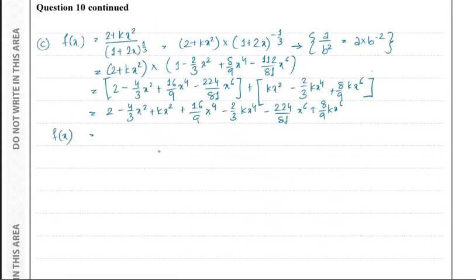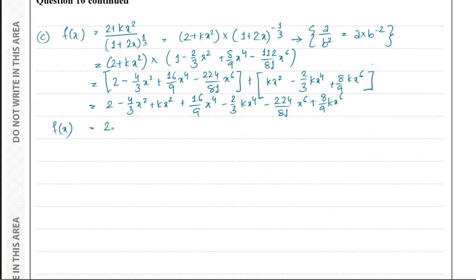So that means 2 will remain as 2, but the coefficient of x squared turns out to be minus 4 by 3 plus k. They have asked us to write it in this form.